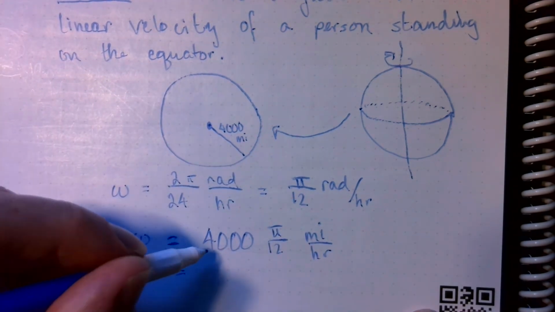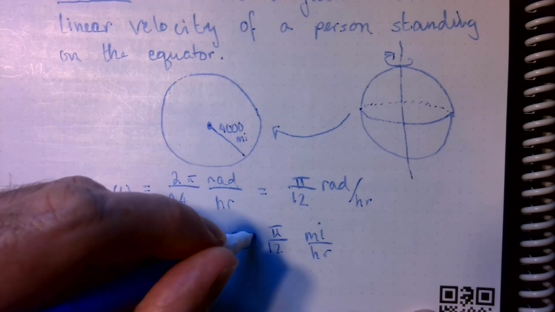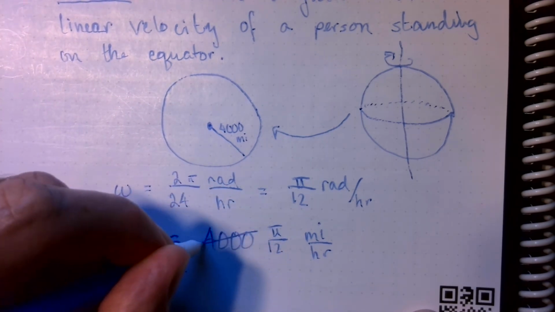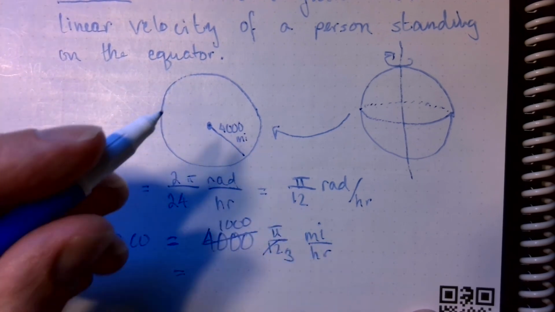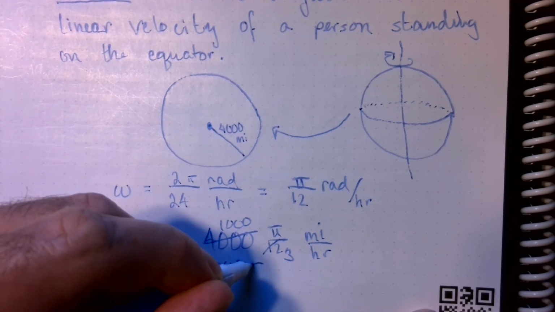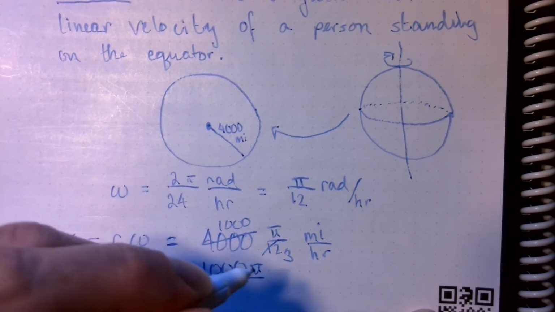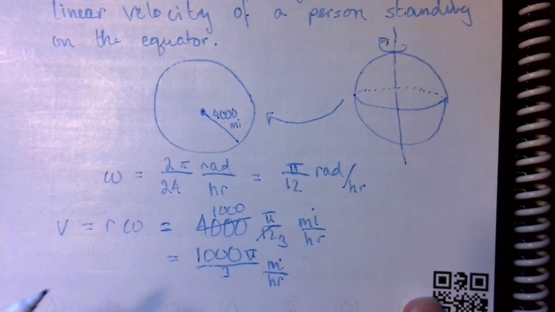Okay, we can do a little bit of canceling, right? There's a 4 in this, that's 4 times 1,000, so we can cancel out with the 4 over there. 12 is 4 times 3. So 1,000 pi over 3 miles per hour.